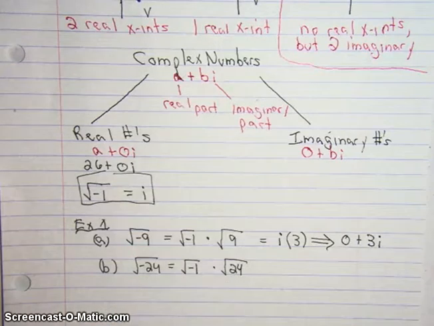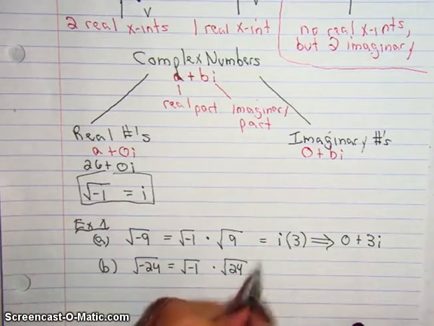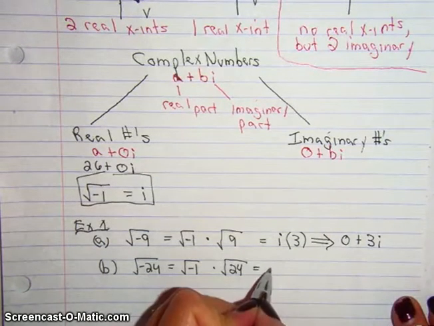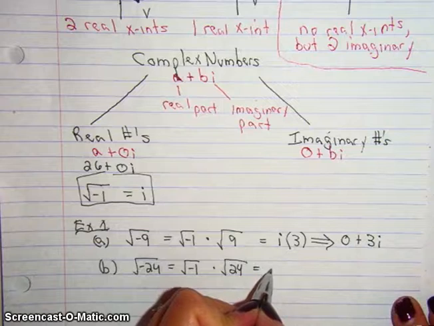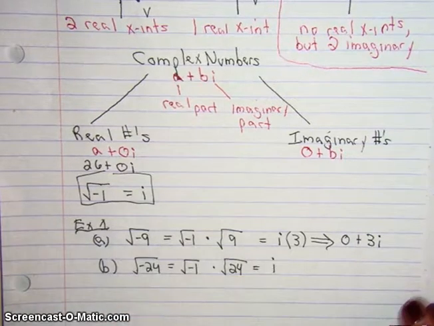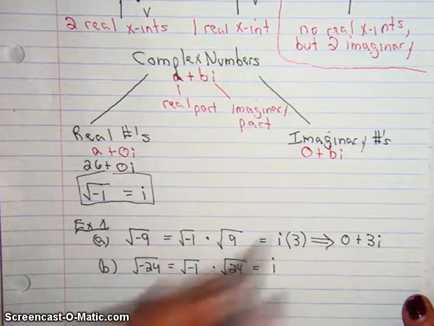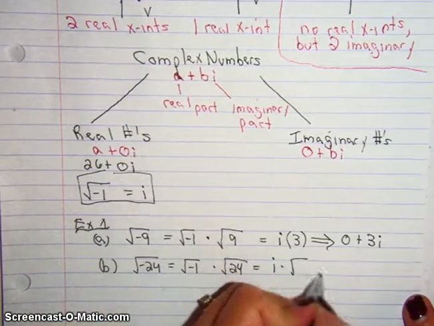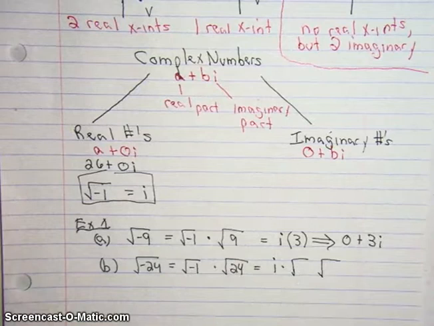Everybody good? Okay. Sam, what is the square root of negative 1? It is i. Okay? Square root of 24. We're never going to leave square root of 24, and you better not have that on your test either, because this breaks down.